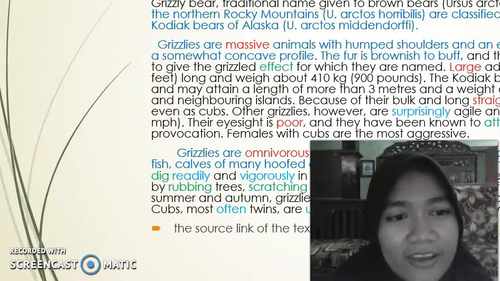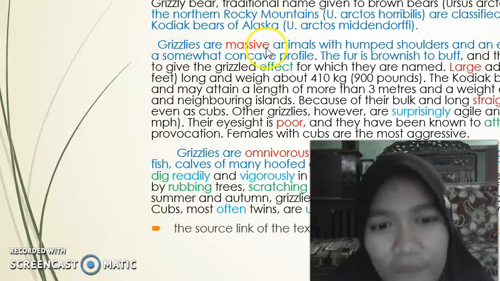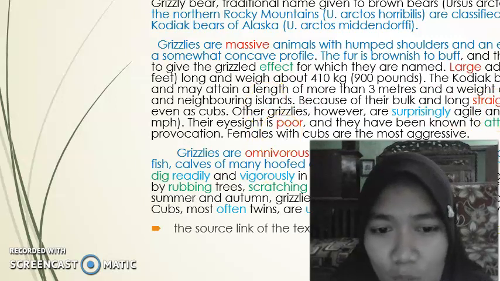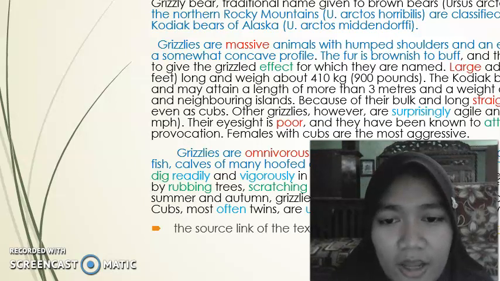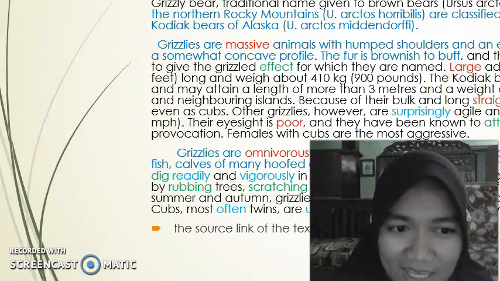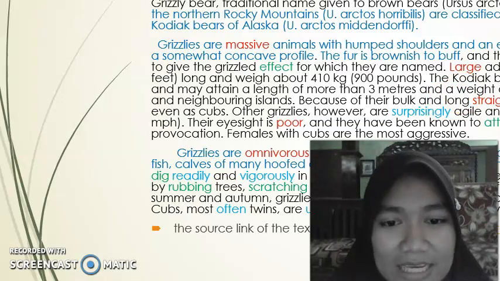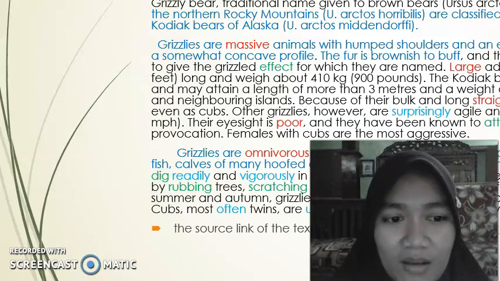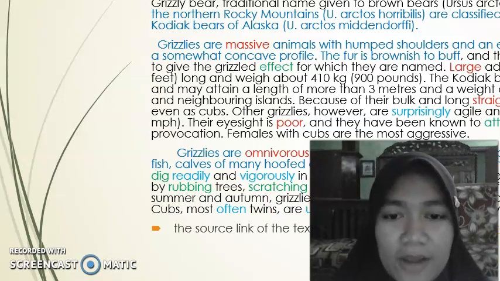Let me take adjectives: huge, massive, large, straight, poor, omnivorous, small, large. And for adverbs, this is the example of adverbs: usually, only, rarely, surprisingly, and then vigorously, readily, often, usually, and etc.